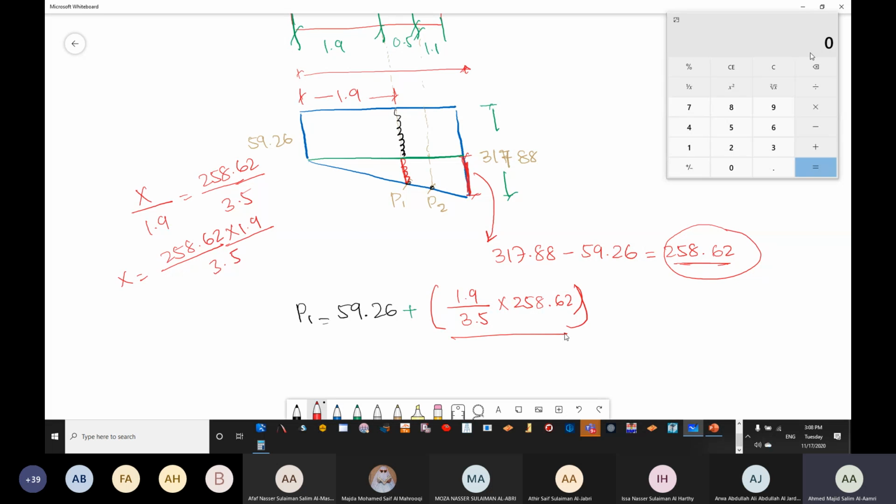This is what we have done here. Do you agree? Okay. So the P1 value is going to equal 199.65 kilonewton per meter square.